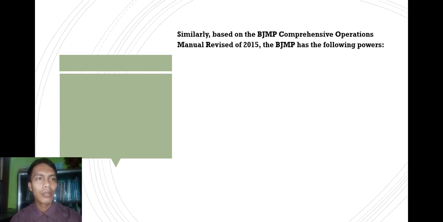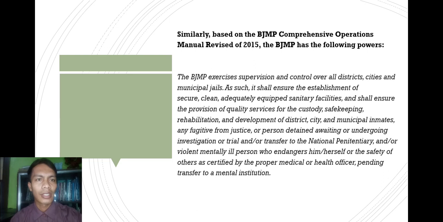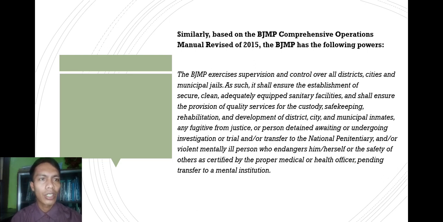Similarly, based on the BJMP Comprehensive Operations Manual revised 2015, the BJMP has the following powers. The BJMP exercises supervision and control over all district, city, and municipal jails. As such, it shall ensure the establishment of secure, clean, adequately equipped sanitary facilities, and shall ensure the provision of quality services for the custody, safekeeping, rehabilitation and development of district, city, and municipal inmates.